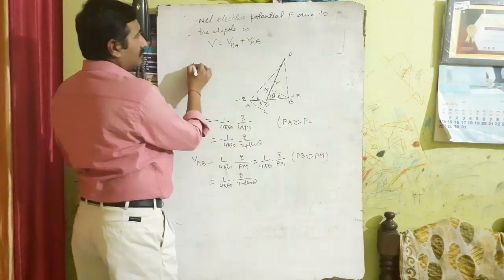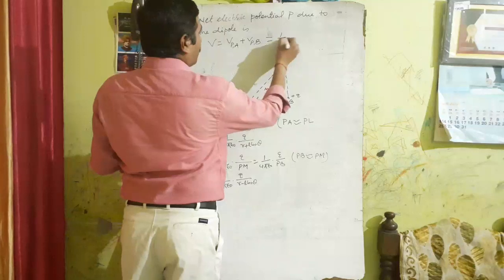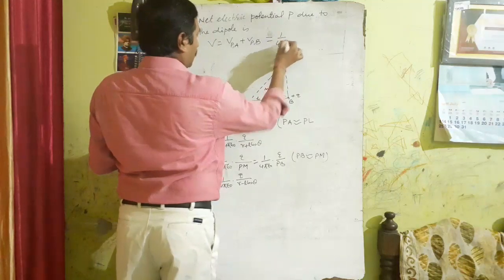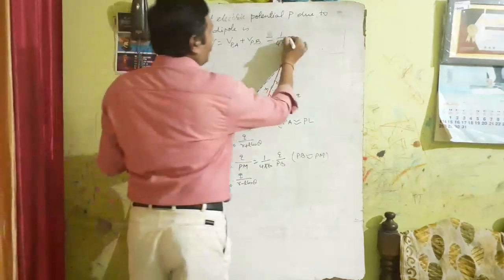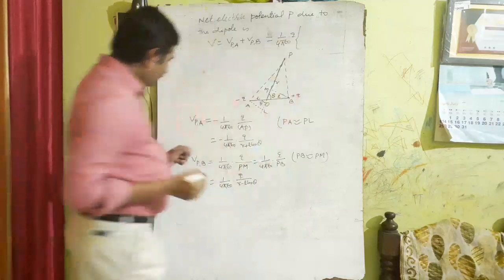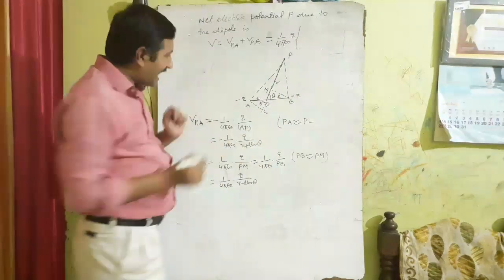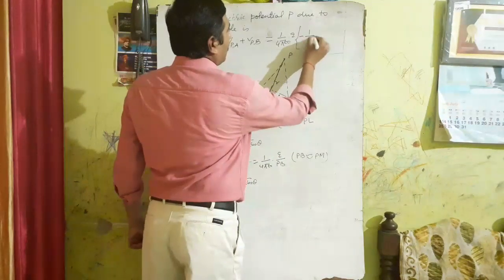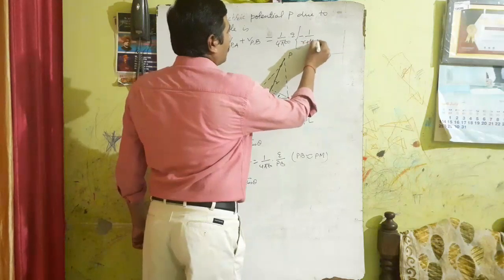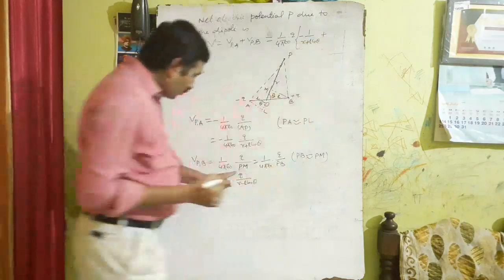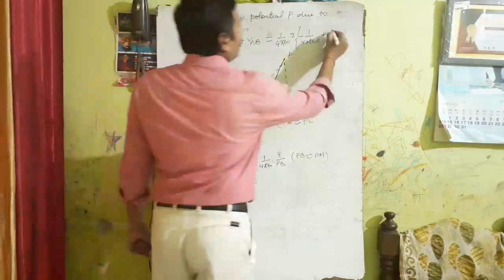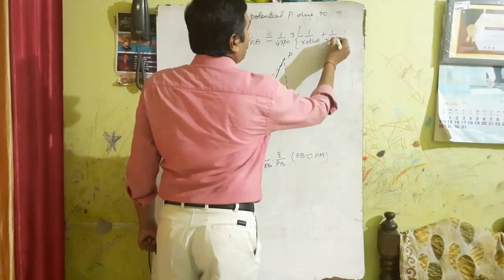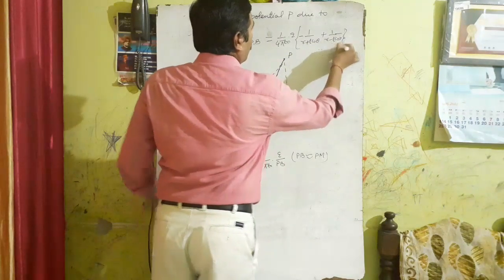This is equal to 1 by 4 pi epsilon naught, and you see Q can be taken as common. VPA is minus 1 by R plus L cos theta, plus 1 by R minus L cos theta.